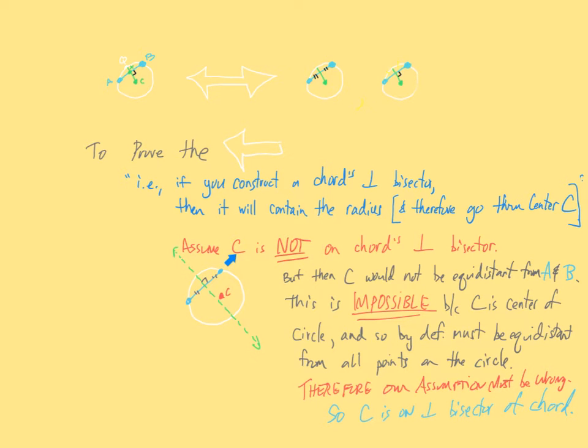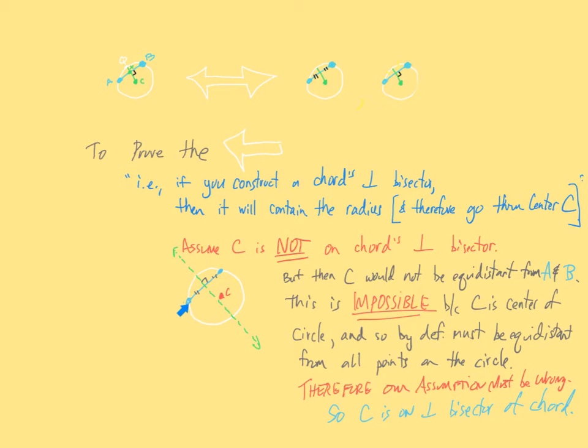Well, what if the center of the circle is not on the chord's perpendicular bisector? So here we have a blue chord. We've constructed its perpendicular bisector. And what if the center of the white circle, C, is not on that perpendicular bisector? But if it wasn't, then it wouldn't be equidistant from points A and B. Why not?